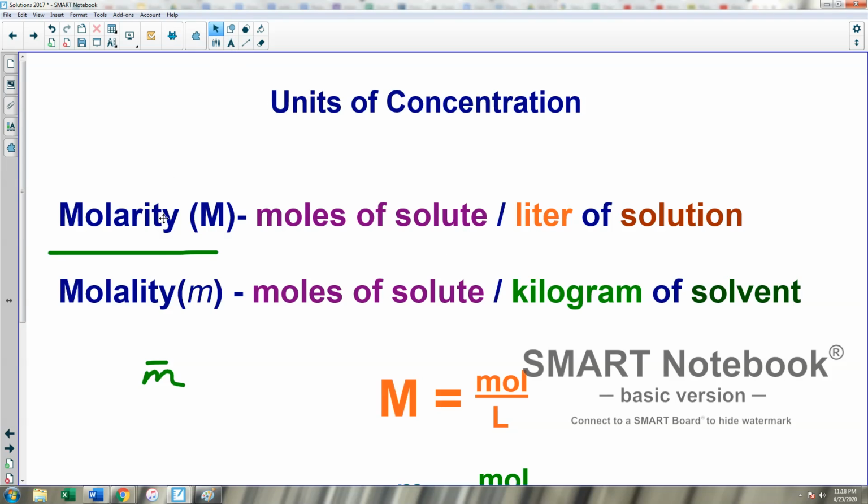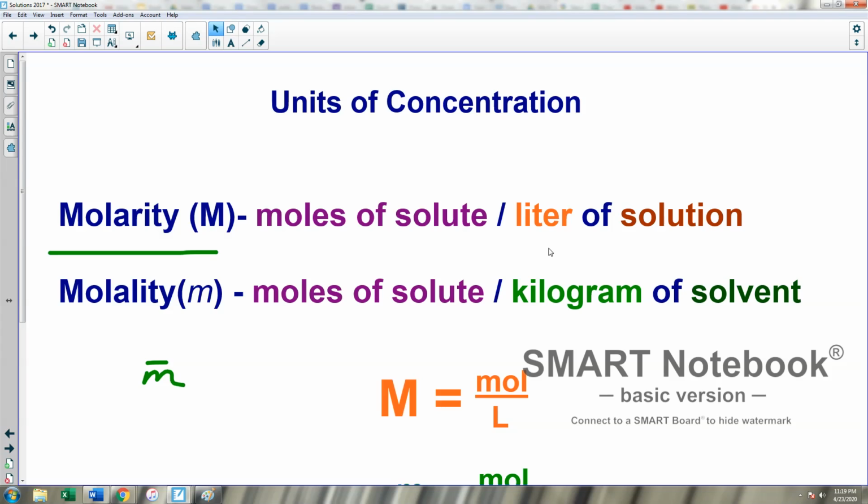There's something similar to this called molality, which we really only use to talk about things changing temperature, so we're not going to spend a whole lot of time on molality this year. I'm sure you'll get to it in your college chemistry classes. Molality and molarity come out to be almost the same number, but when you heat something up, the size of a liter changes.